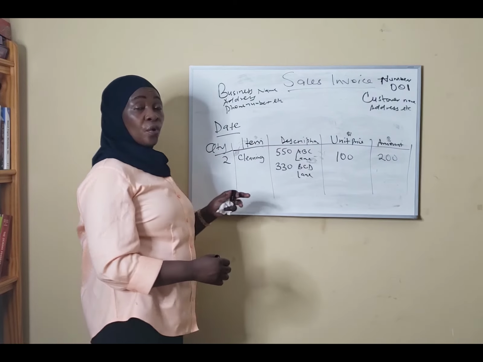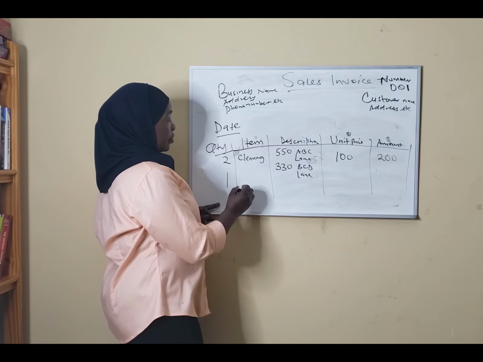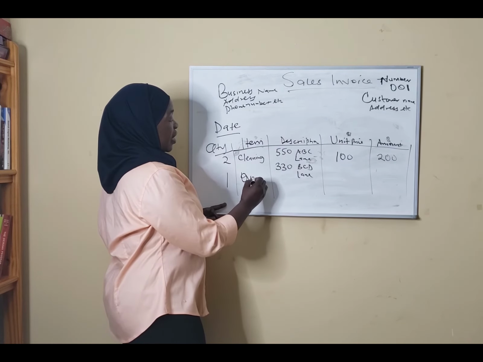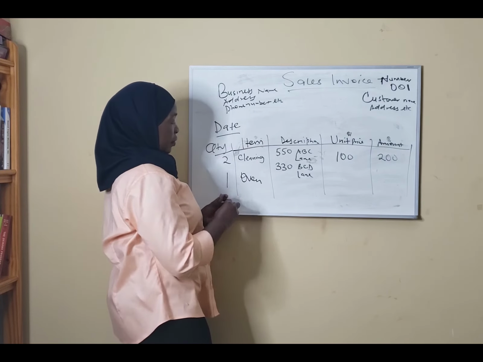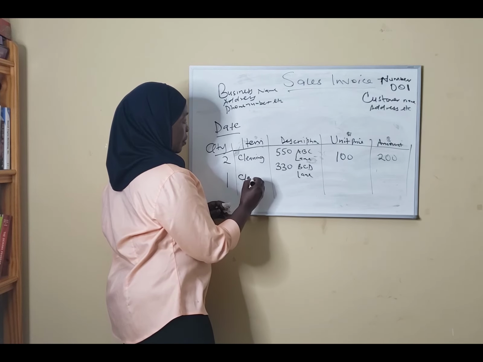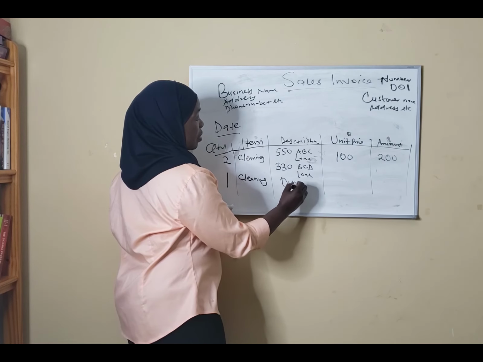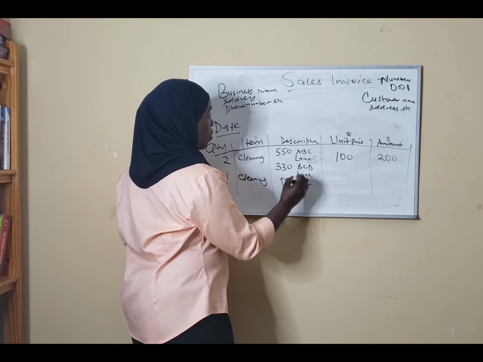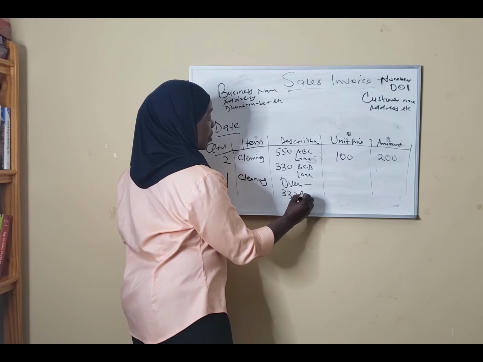Now, I could have another service. For example, I clean ovens. I could say 1 oven cleaning. Cleaning oven for the 330 BCD.